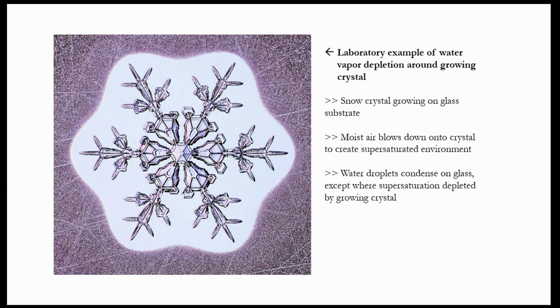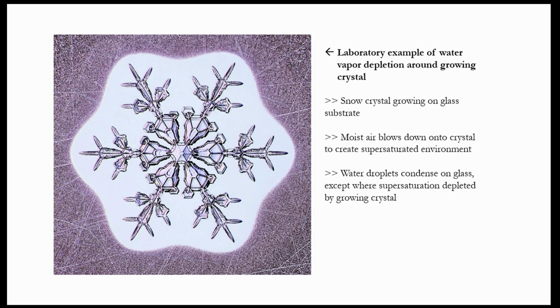Here's another example from my lab. Here what we have is a substrate, a piece of glass, sapphire actually, and you drop a little seed crystal on the sapphire and now blow some moist air down onto the substrate. Far away from the crystal, the supersaturation is high enough that you nucleate water droplets. So this fog, that's all water droplets.